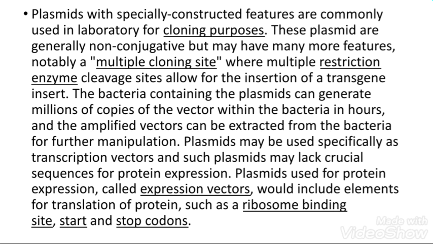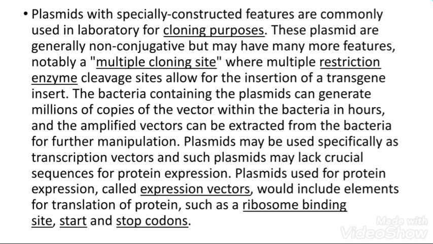There is a detailed explanation about plasmids, because among vectors, plasmids are the most widely used. Plasmids with specially constructed features are commonly used in the laboratory for cloning purposes.